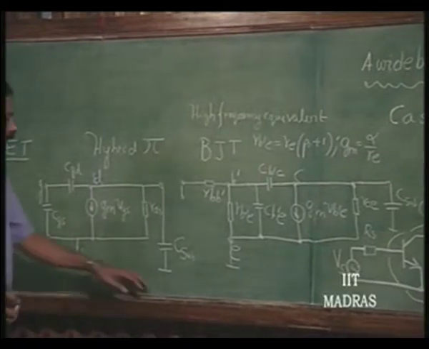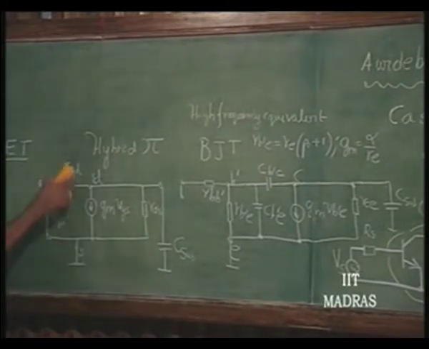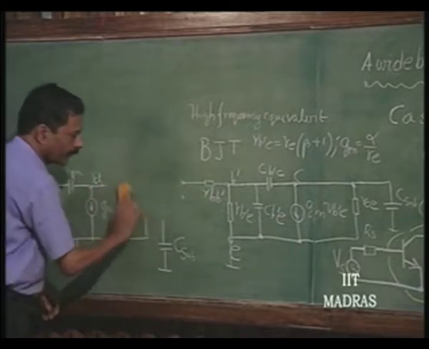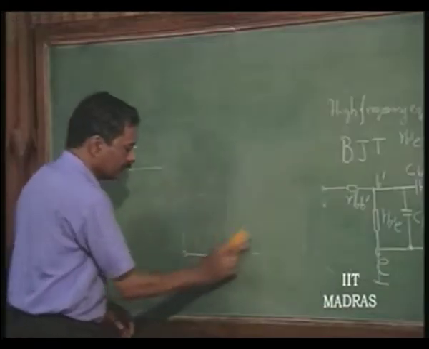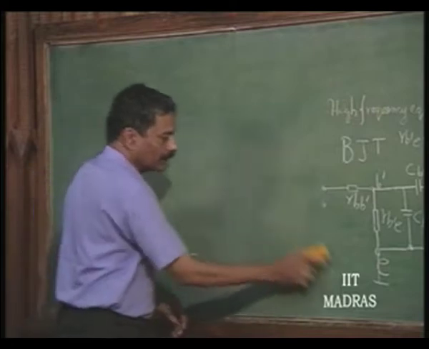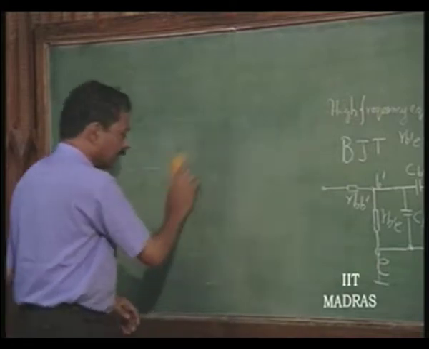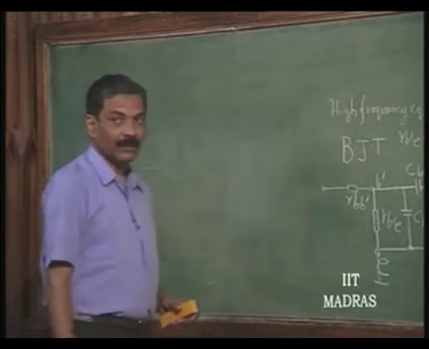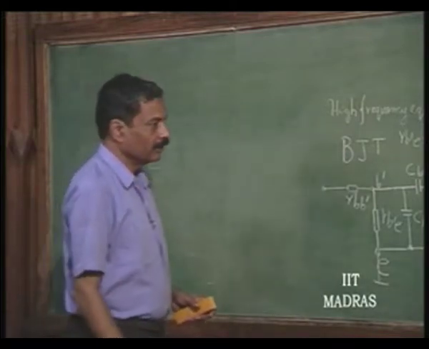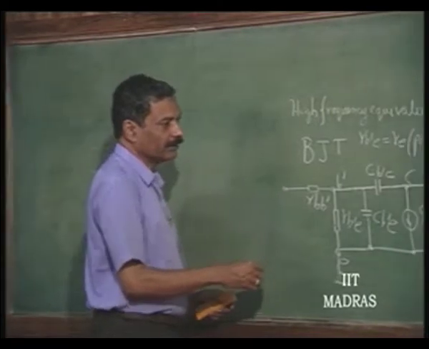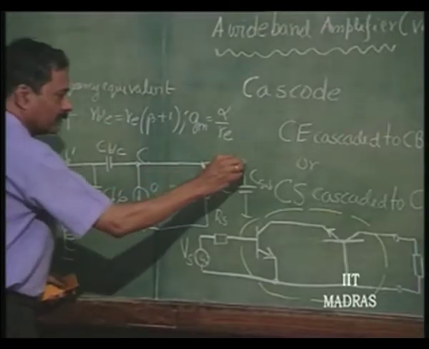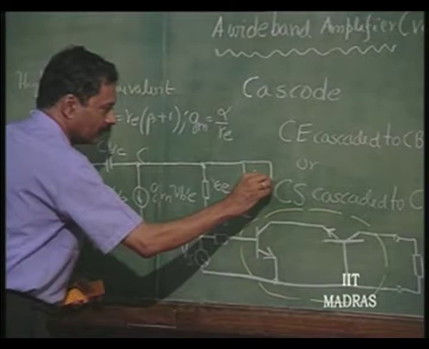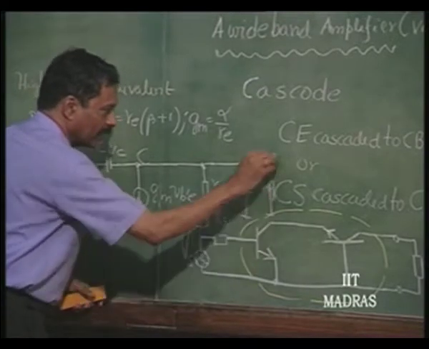Now, let us take the case of cascode and put this hybrid pi equivalent circuit and see what the time constants will be. So, in a normal common emitter transistor, this collector is connected to a resistance RC.